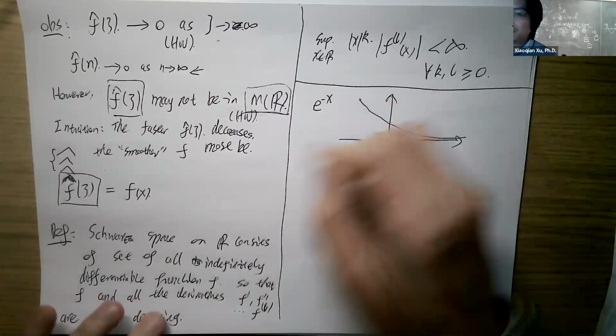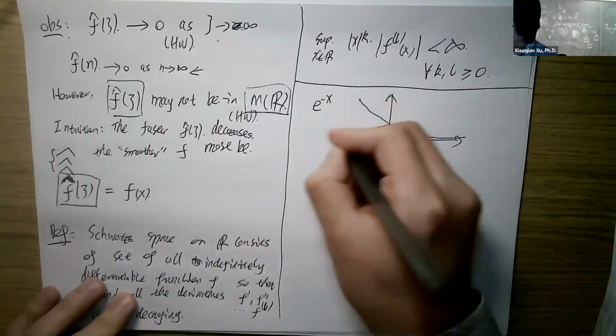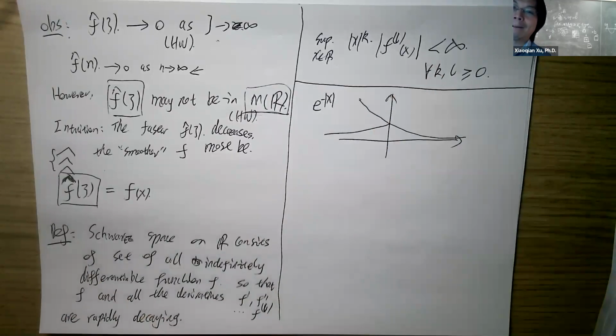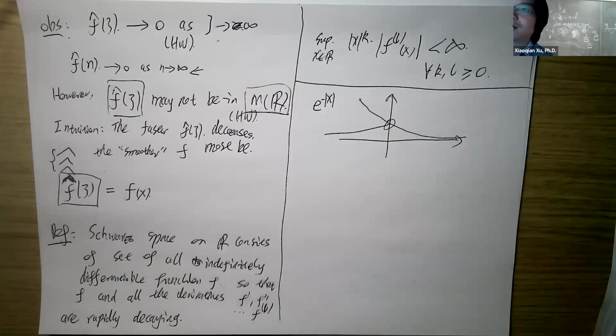If you want it to also go to 0 when x goes to minus infinity, what if we take a function like e to the minus absolute value of x? That looks very nice. At least it decays fast enough. However, the only problem now is that you have a point that is not differentiable.